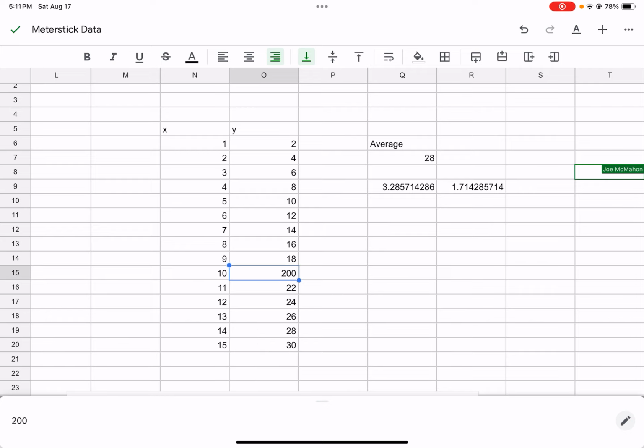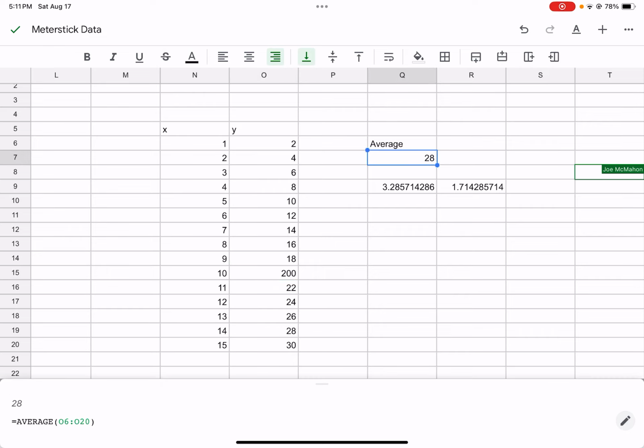And this one outlier or anomaly is throwing off our average by quite a bit, right? I mean, if the average is around 16, I have just thrown off my average by 12 units, right?